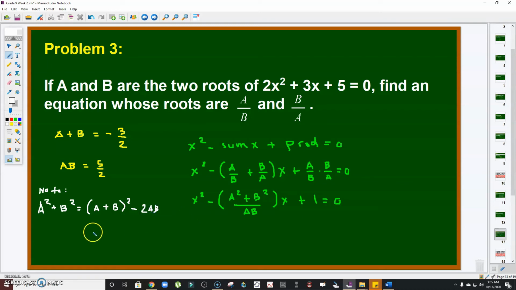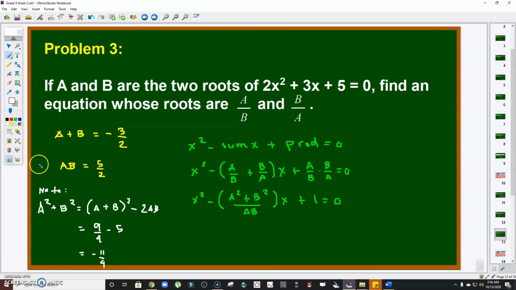That's it. So, let's put it in terms of numbers. a plus b is negative 3 halves. If I square it, that will be 9/4. Minus 5 over 2 times 2. That cancels, so it's just minus 5. Meaning to say, a squared plus b squared is 9 minus 20 over 4. That will be negative 11 over 4.